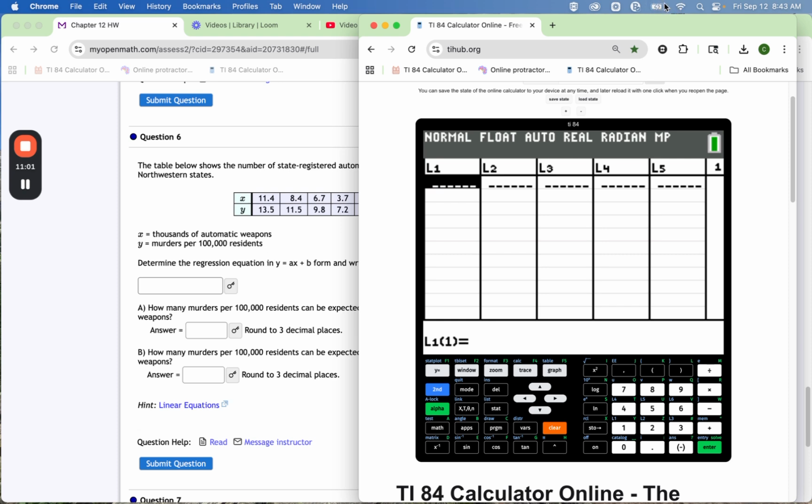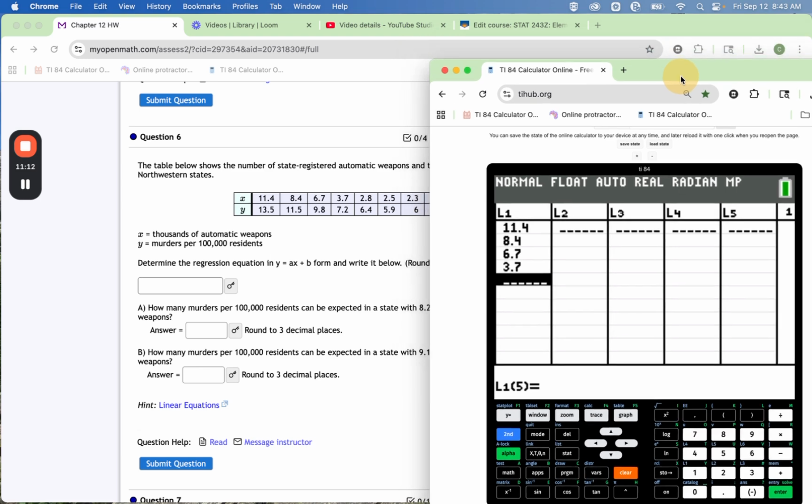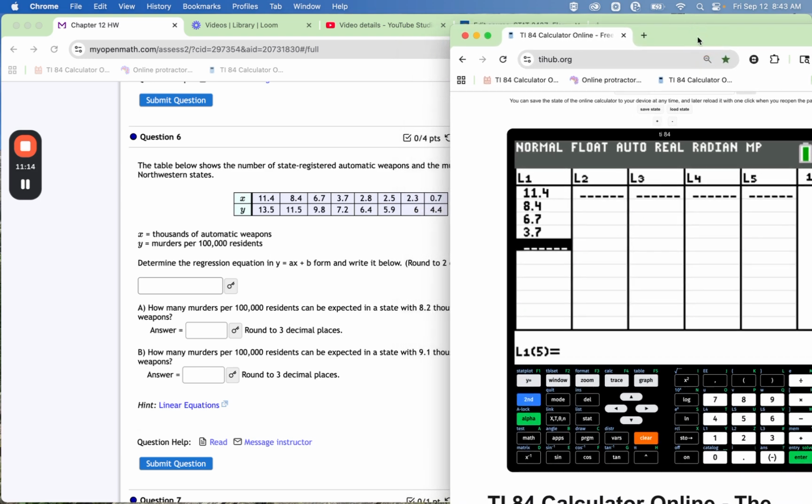So 11.4, 8.4, 6.7, 3.7. I still can't see all of them. So 2.8, 2.5, 2.3, 0.7.